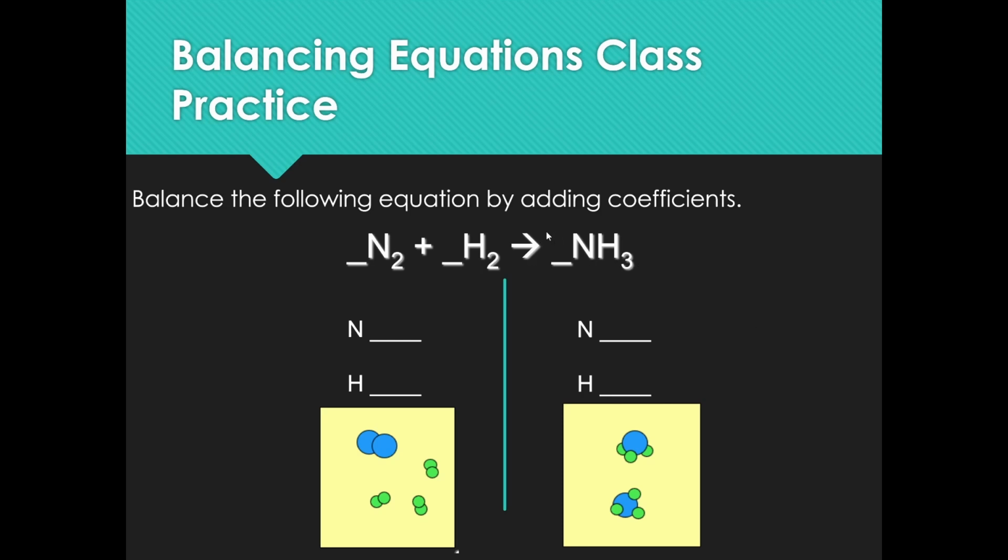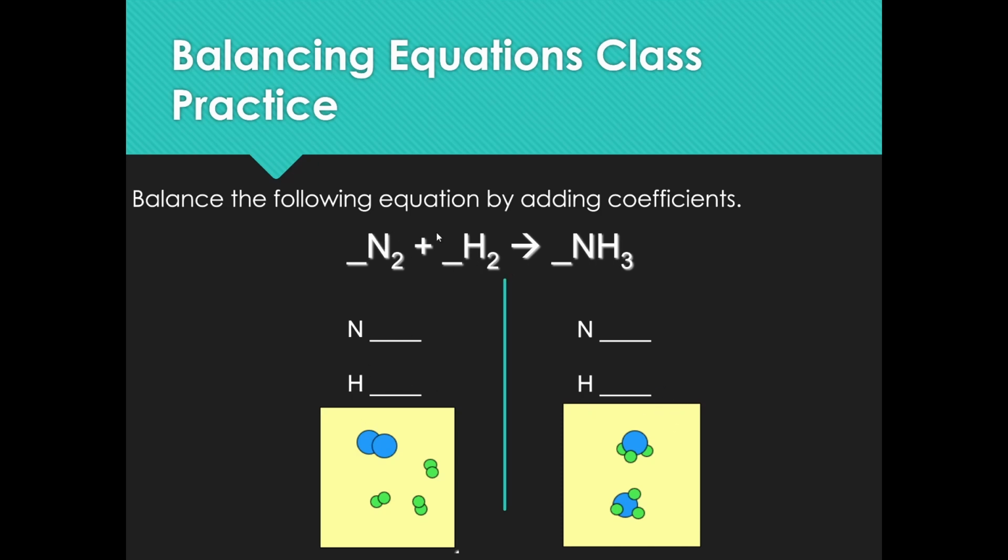Now here's the problem. The 2 in front of this N also affects the H over here. This would cause it so that 2 multiplied by N becomes 2N, 2 multiplied by H becomes a 6. So what can we do to make sure that this 2, which is also matched up by the 2 now, is also matching up with the H, which is a 2 here, with a 6?